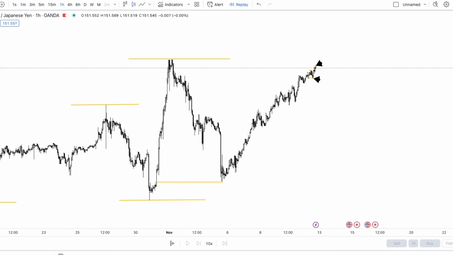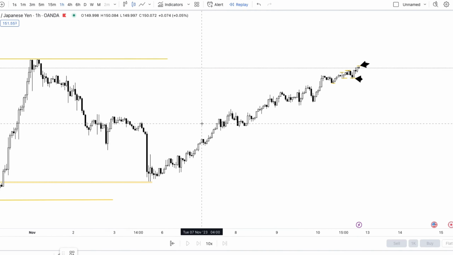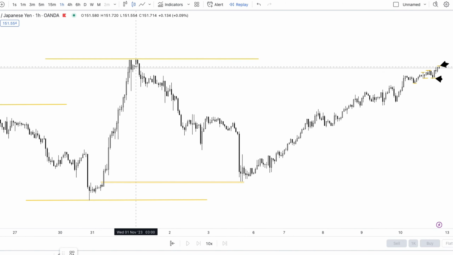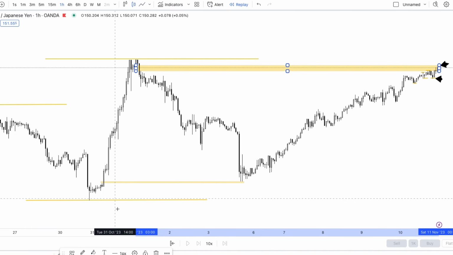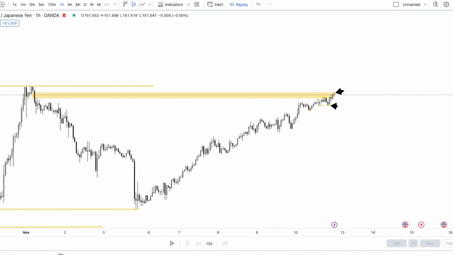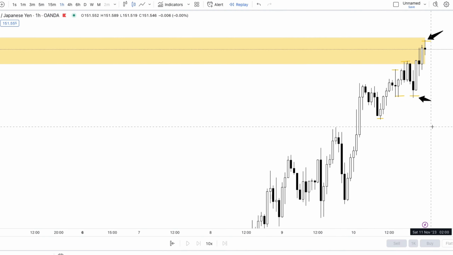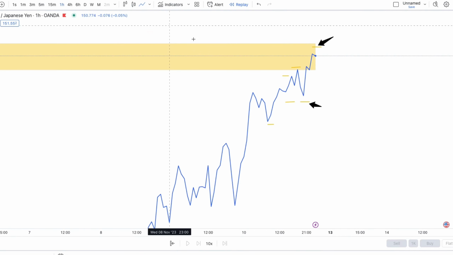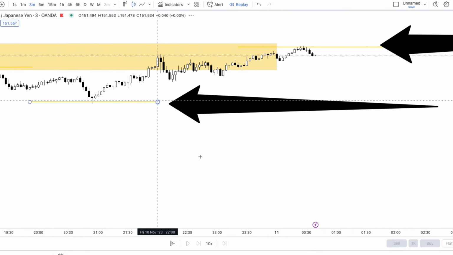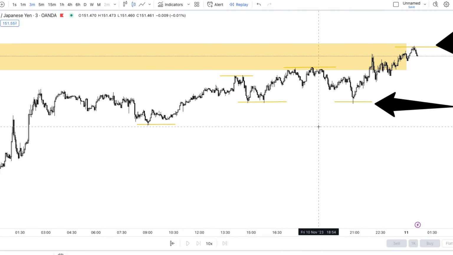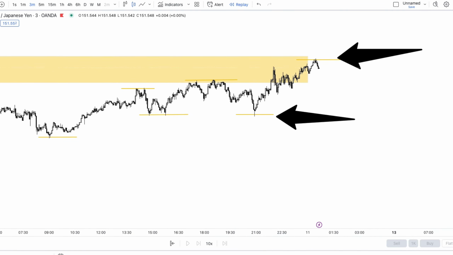Okay, so if we look at some more clues here, we have another gap right here. So the market may reverse right here in the short term and may break that liquidity that we saw above earlier. So what I mean is the liquidity that we saw on the 3-minute chart. So this liquidity. And the fact that there's even liquidity here gives me a clue that Japan actually might break out.